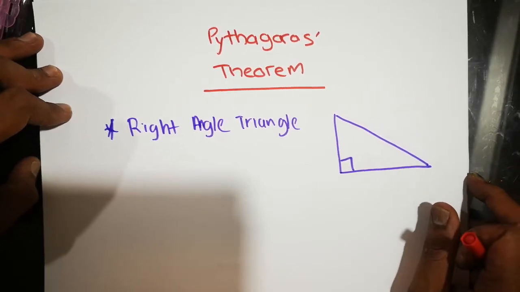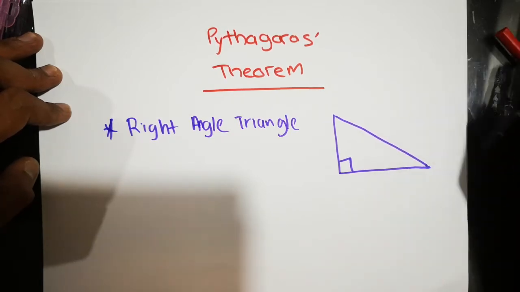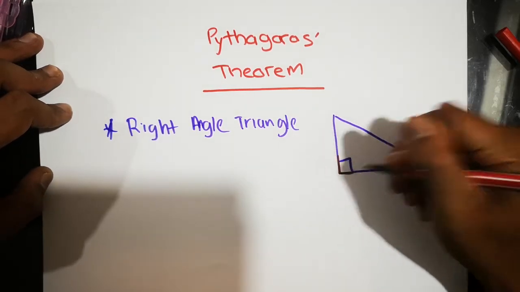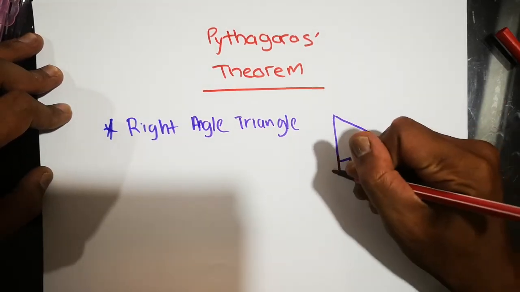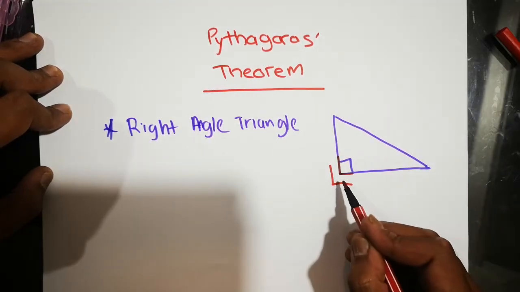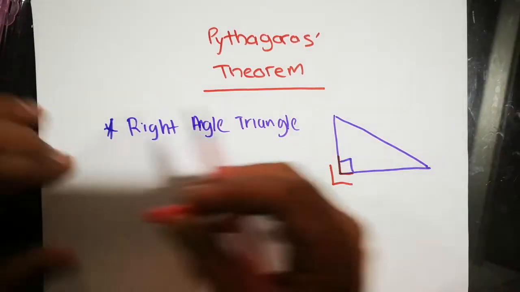If you are just starting to learn about triangles, you can just take your ruler and just put it somewhere around here and make sure that this side is 90 degrees. It must form a perfect L. If it's a perfect L, means it's 90 degrees. So it's a right angle triangle.